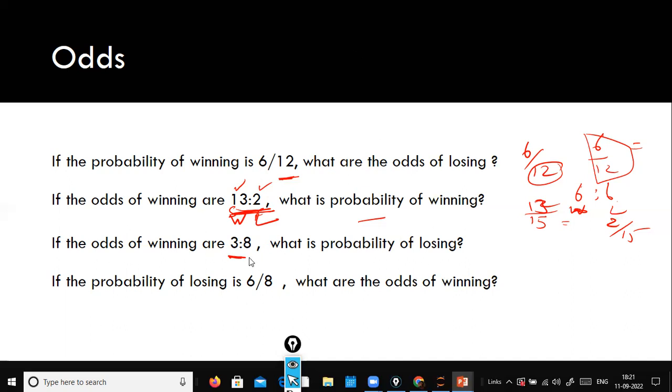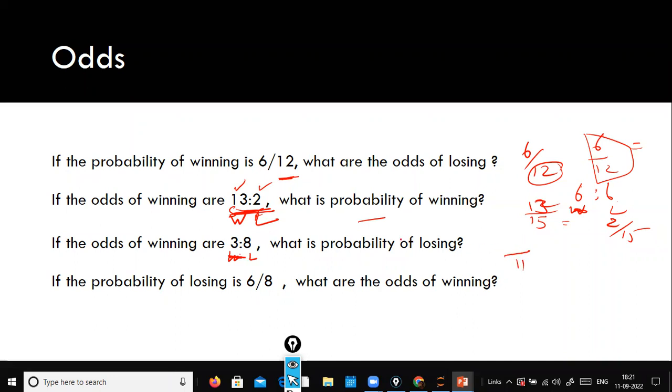Don't go by the formula, go by the shortcut I gave you. On the left side of the colon is winning and the right side is losing. Now you tell me what is the probability of losing. Already explained. What is the total possible outcome?